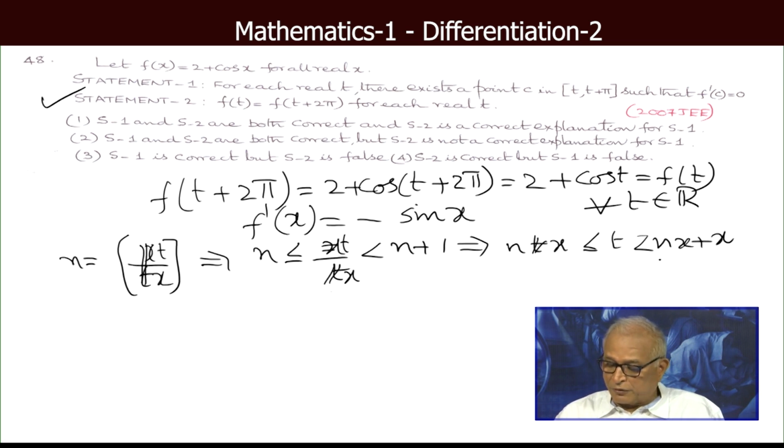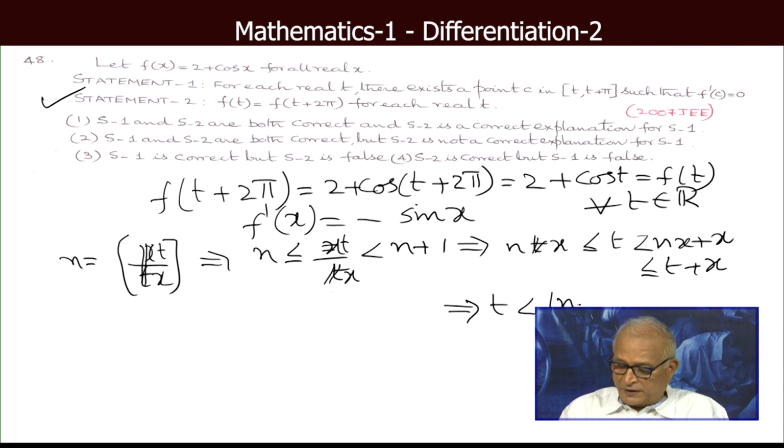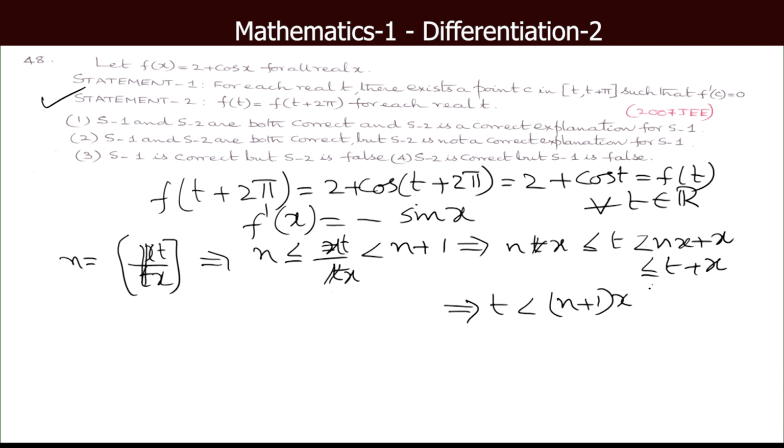So n x is less than or equal to t, and so less than or equal to t plus x. Follow? Therefore, this implies t less than (n plus 1) into x less than or equal to t plus x.